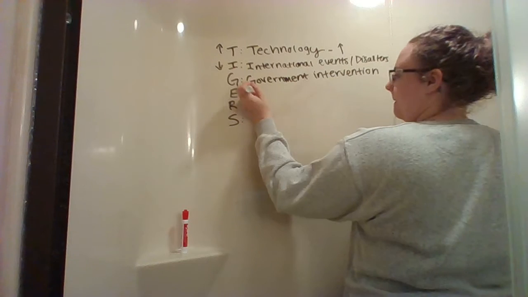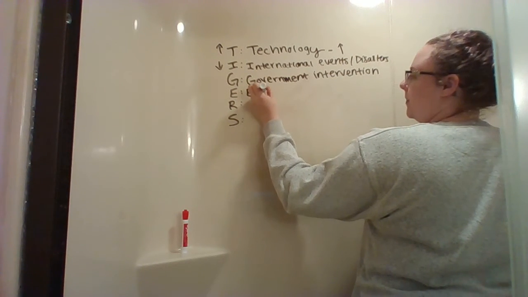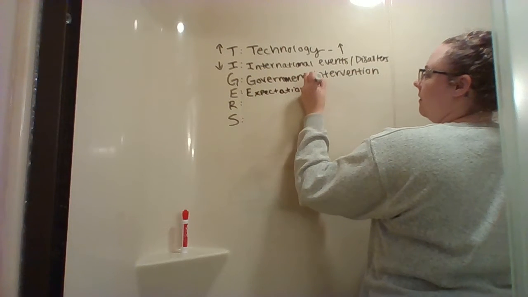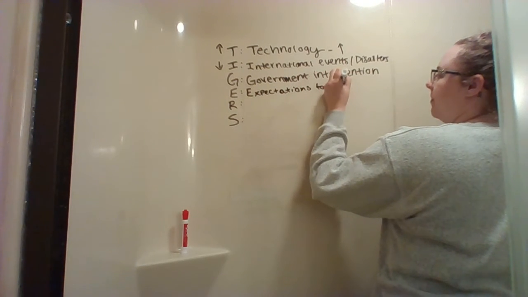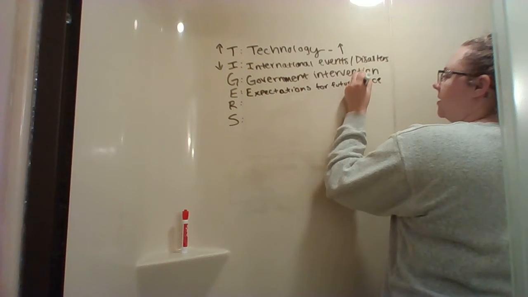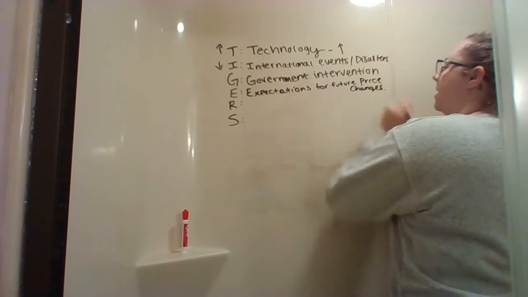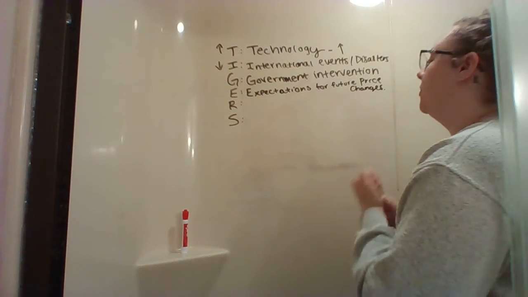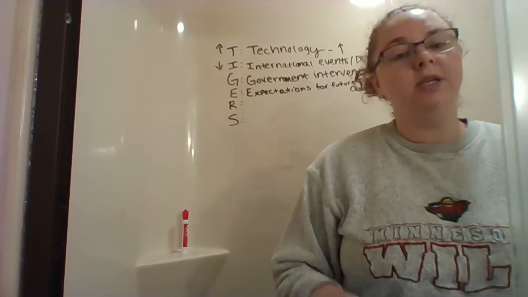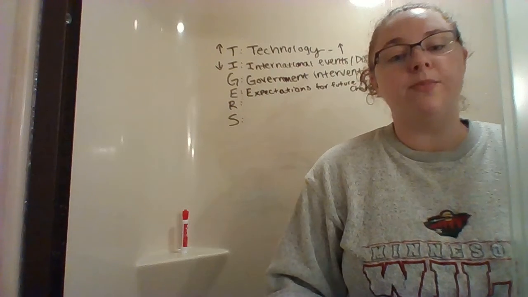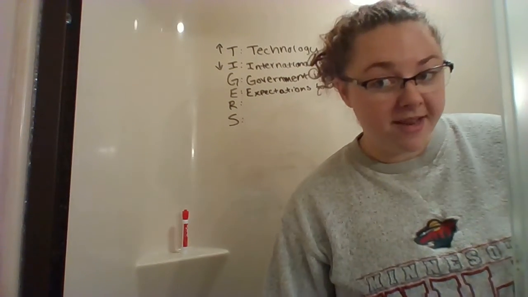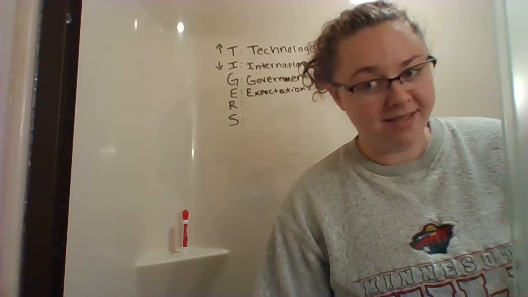So, expectations for future price changes. This can go both ways again, increase, decrease. So if producers expect the price of a good to rise in the future, they're going to immediately supply less of it. So it's the opposite of demand, okay?